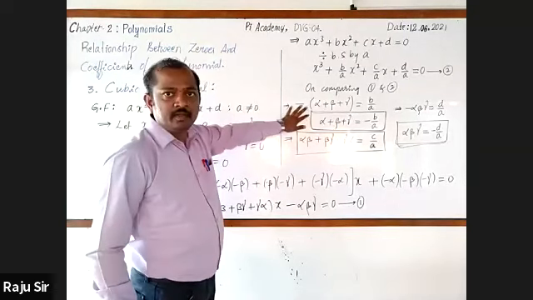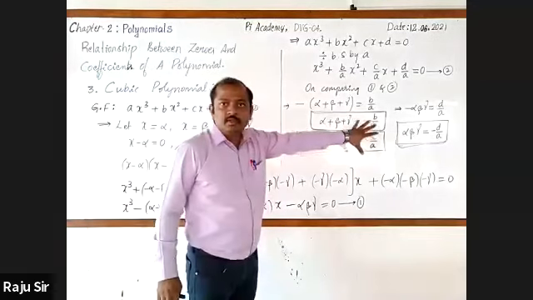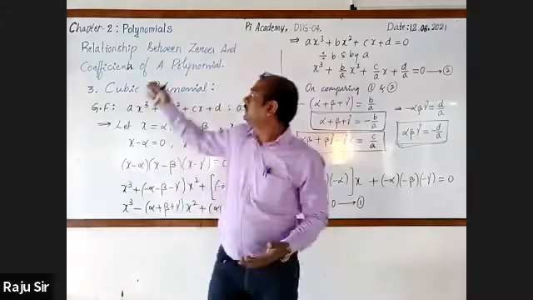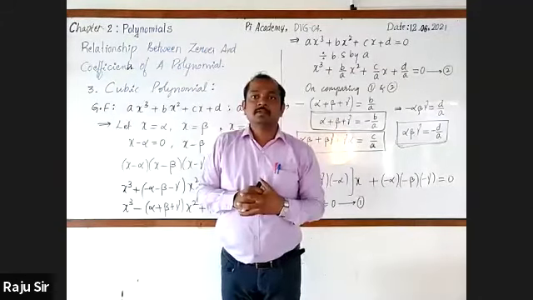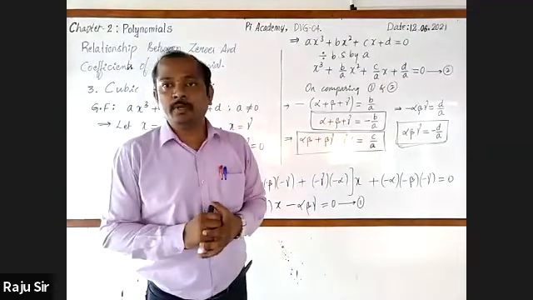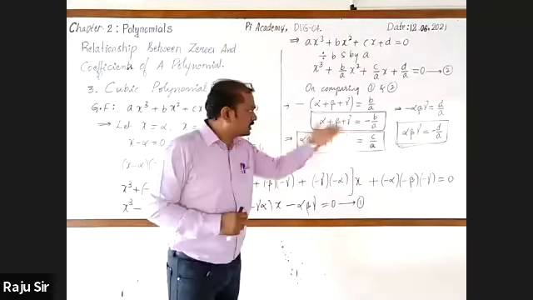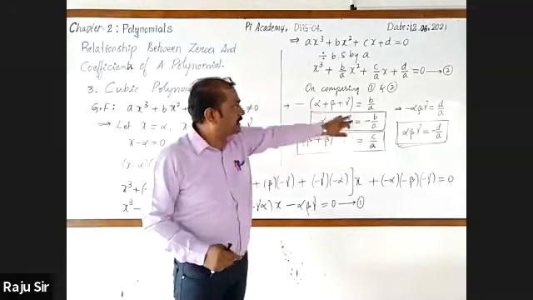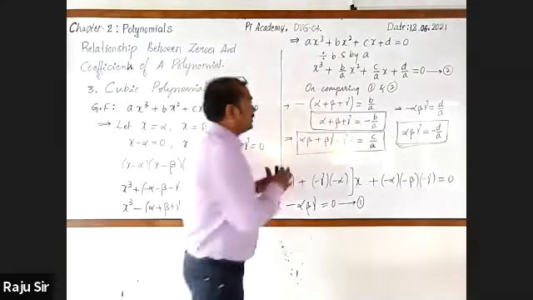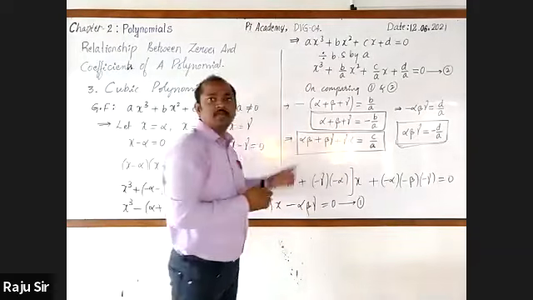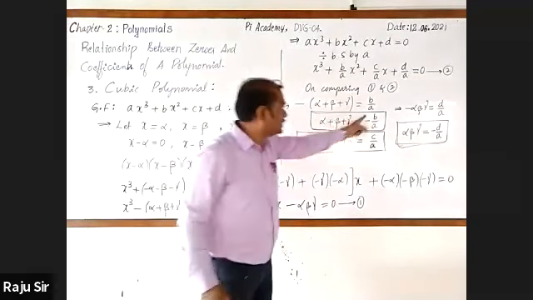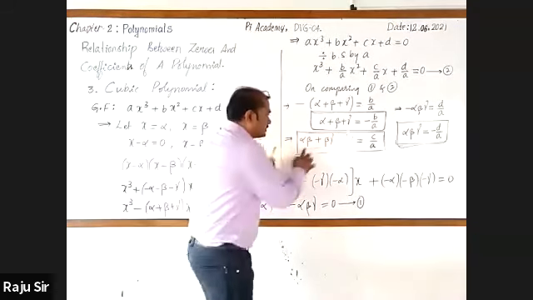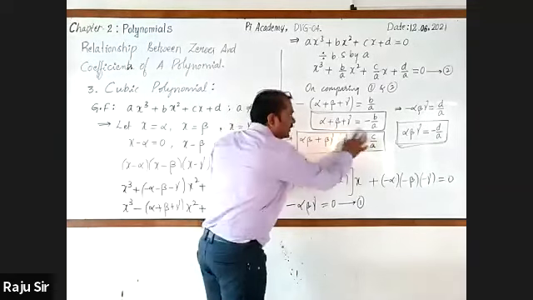Look here. Now we can take any one of these to show the relationship among zeros and coefficients of cubic polynomial. Each of these three will represent that. First one, alpha plus beta plus gamma equal to minus b by a. It is sum of zeros. Sum of zeros of cubic polynomial is minus b by a. Got it? Next, alpha beta plus beta gamma plus gamma alpha equal to c by a.